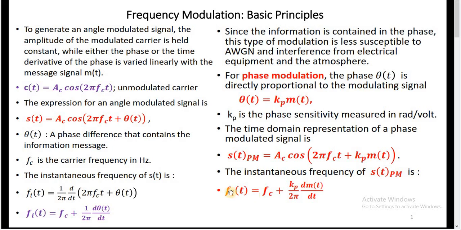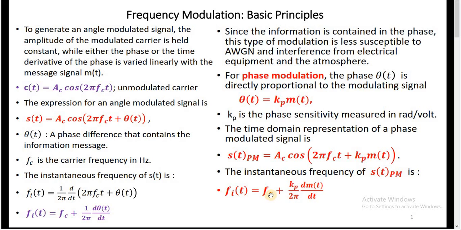So for a phase modulated signal, the instantaneous frequency fi of t equal the unmodulated carrier frequency fc plus a term which is proportional to the derivative of the message signal, Kp over 2 pi dm of t by dt.